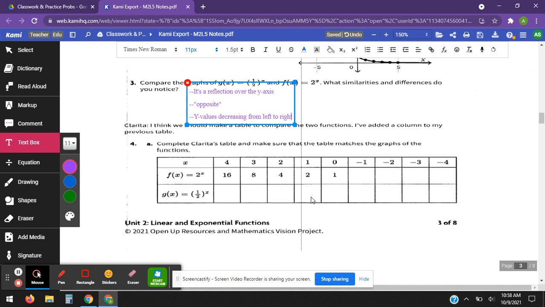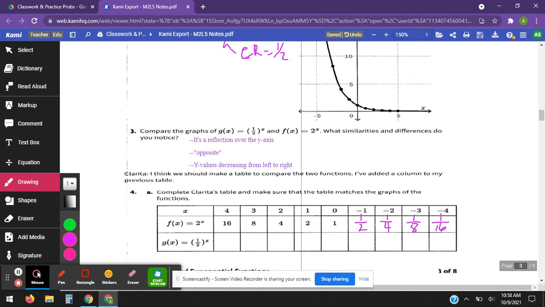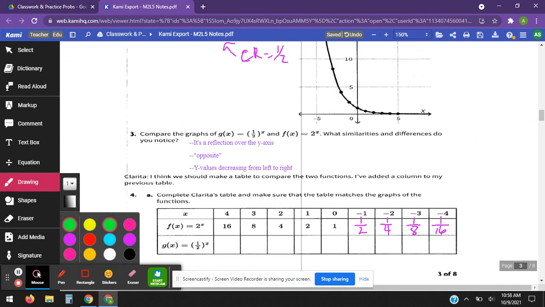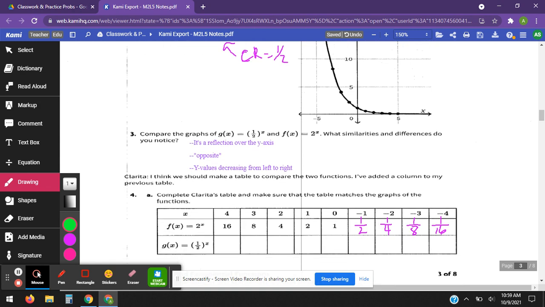Okay, so let's compare this table that we were just doing. So here I'm going to fill in the ones from before, right? Oh, not 1/2 again. We're multiplying by 1/2. So a 4th, an 1/8, 1/16. Okay. So now if I'm looking at this one up here, let's start at the negatives. So -4 looks like it's at 16 over here.